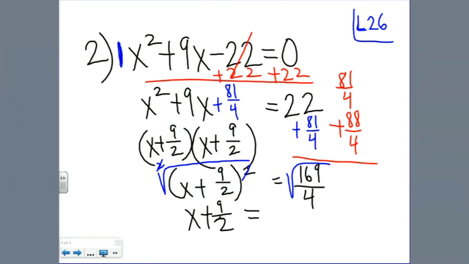And on the right-hand side, don't forget to put your plus minus before you take care of the radical. And fortunately, both numbers under our radical are perfect squares. So the square root of 169 is 13. And the square root of 4 is 2.